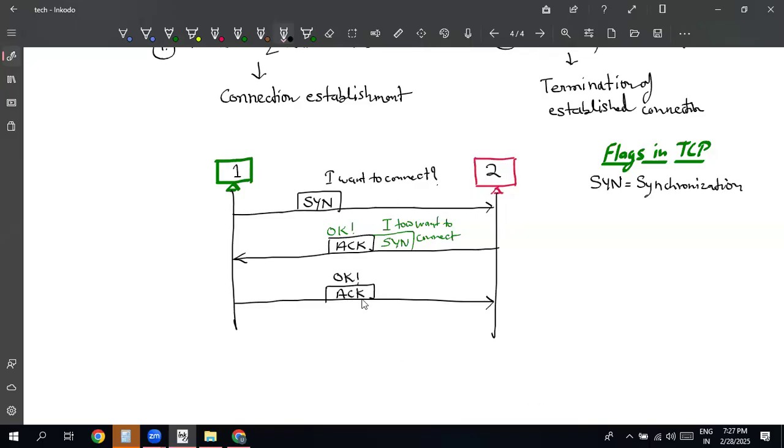And once both the devices have exchanged the acknowledgement for the communication, then only the communication stream gets established. Here ACK means acknowledgement flag.